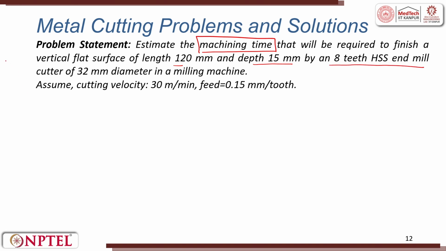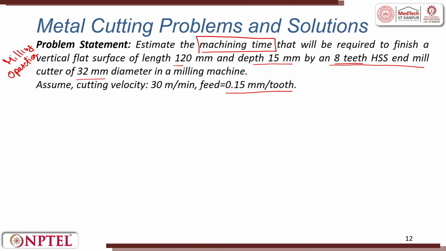This is a problem in milling operation. Now here an important factor is we have got number of teeth as well, and we are also given feed as 0.15 millimeter per tooth. Let us see how we calculate this.